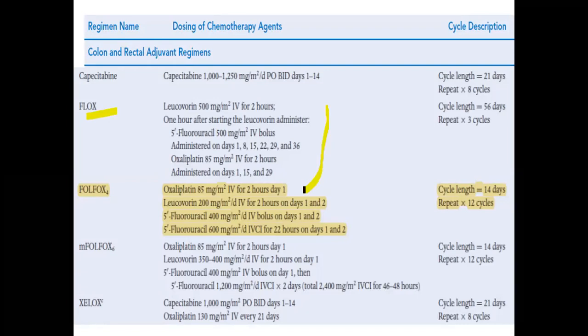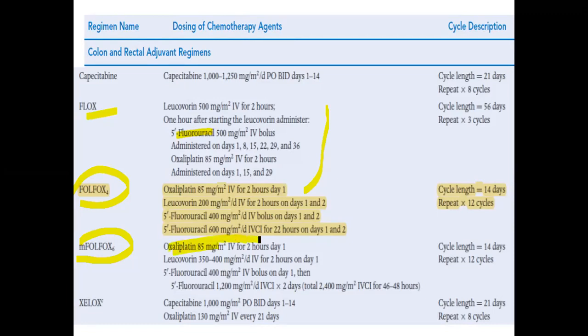Otherwise, it is the same drugs: leucovorin, 5-FU, and oxaliplatin. But what is very common is this one. Some doctors also use the modified FOLFOX6 regimen. According to various clinical trials, whether the patient takes FOLFOX4 or FOLFOX6, the treatment outcome is still the same. The only difference is the dose of oxaliplatin.